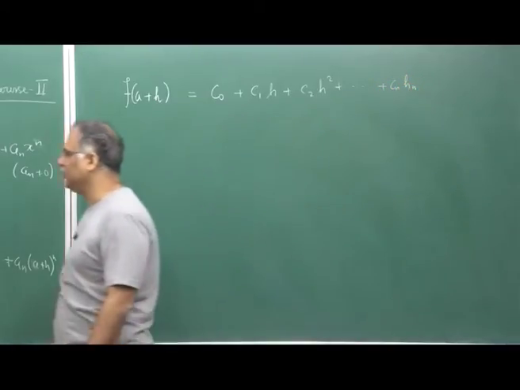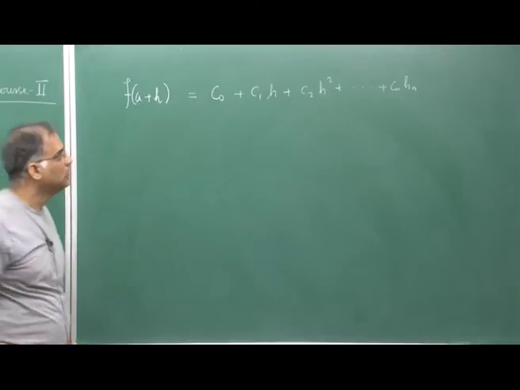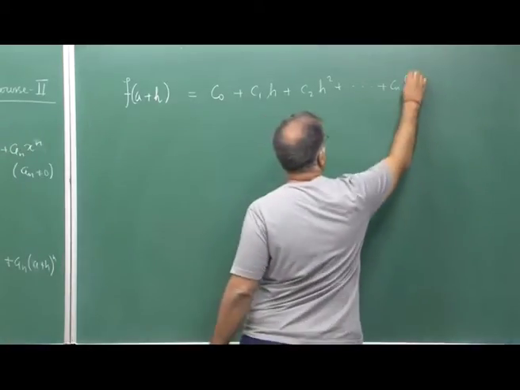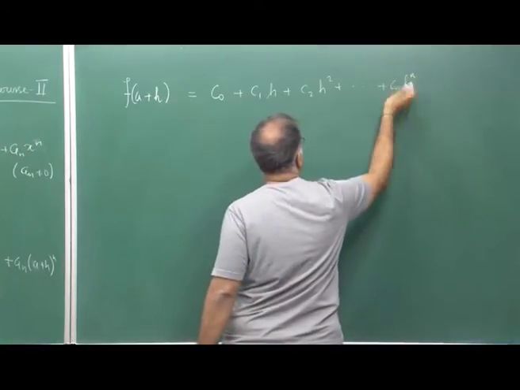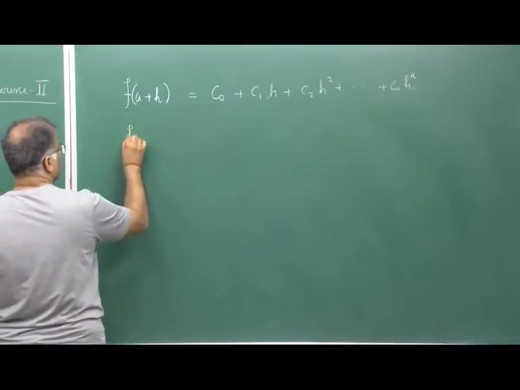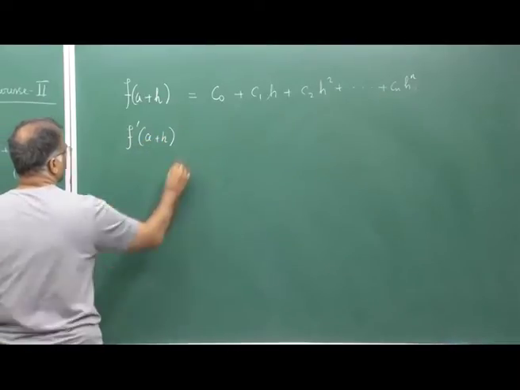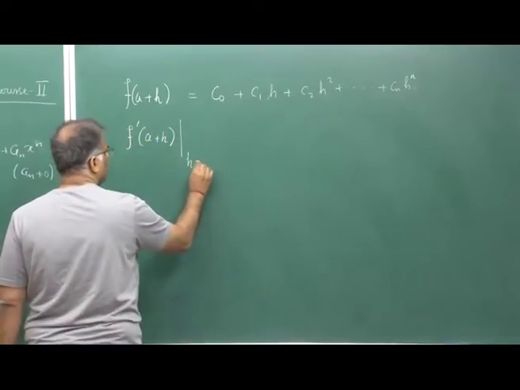He said, okay, let us differentiate f with respect to h and see what happens, and calculate C0, C1, all those things. So, f dash of a plus h, he wanted to calculate it at h equal to 0.